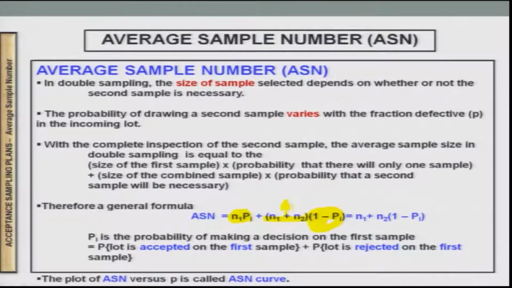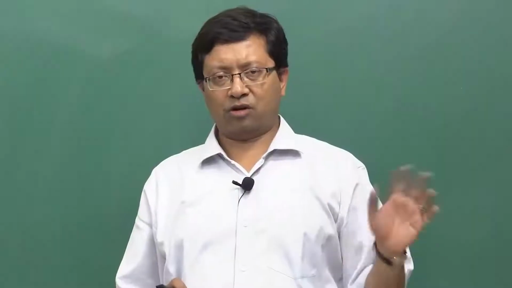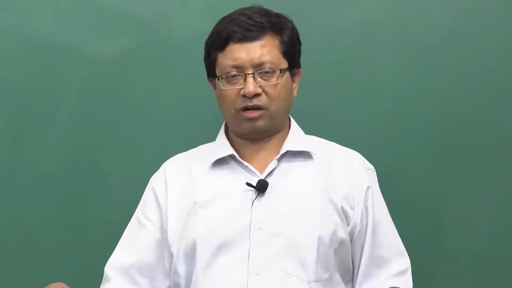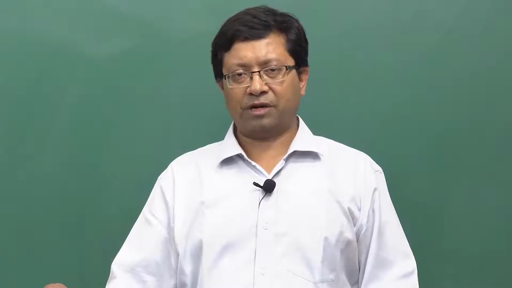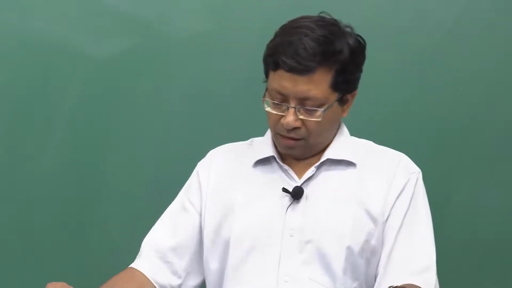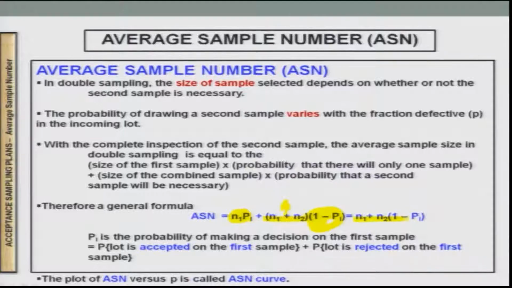It is basically like a binomial concept, where there are two outcomes, and then you proceed accordingly, and the probabilities would be calculated accordingly. So, once you do that, the overall average sample size comes out to be N1 plus N2 multiplied by 1 minus P1, where P1 is the probability of making a decision on the first sample.